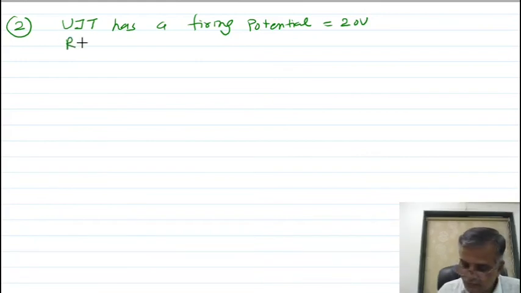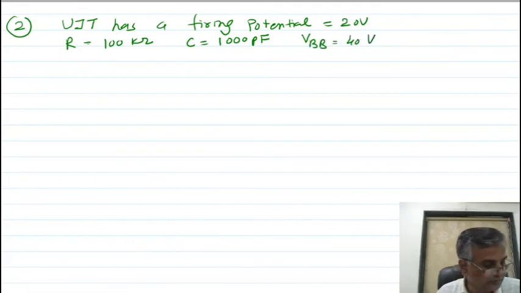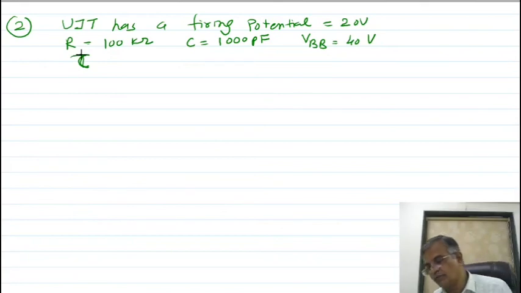The value of R is 100 kilo ohm, C is equal to 1000 pF, and the supply voltage they have given is 40 volt. Calculate the value of periodic time T for the sawtooth waveform.